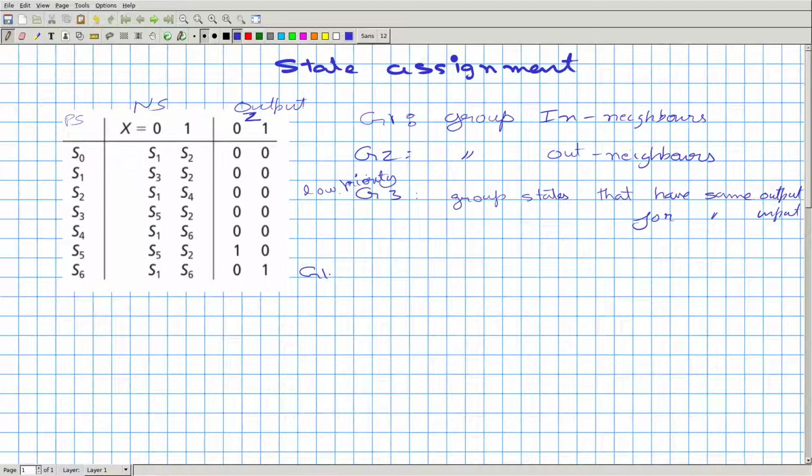So if we apply criteria G1, what states should be grouped together? So what are in neighbors? In neighbors are states who have a common next state.